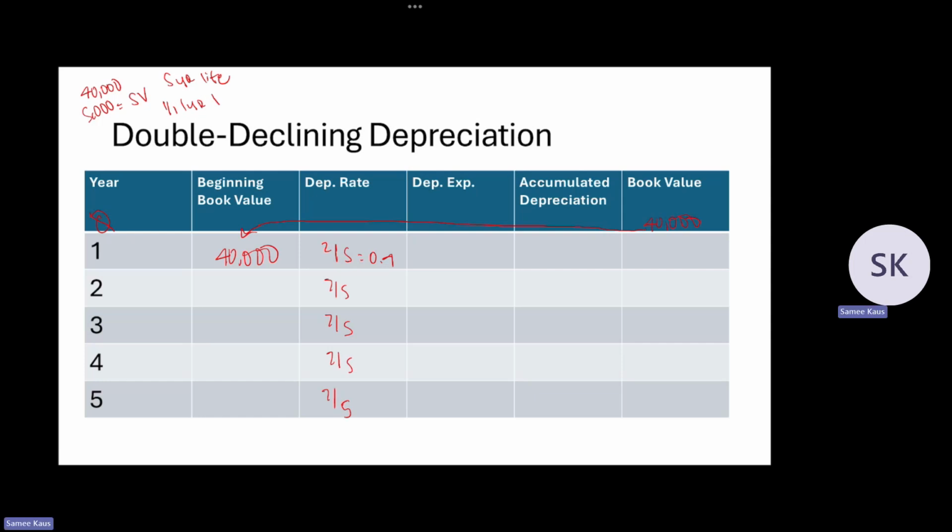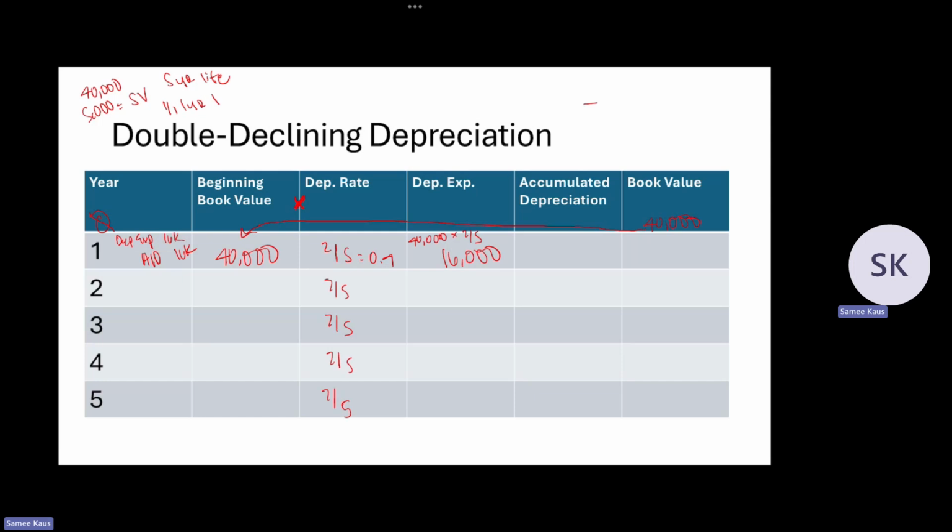Now all I have to do is multiply my beginning book value by my depreciation rate to get my depreciation. So I take my 40,000 multiplied by 2 over 5 to get total depreciation expense of 16,000. So my journal entry for year 1 is depreciation expense for 16,000, accumulated depreciation for 16,000.